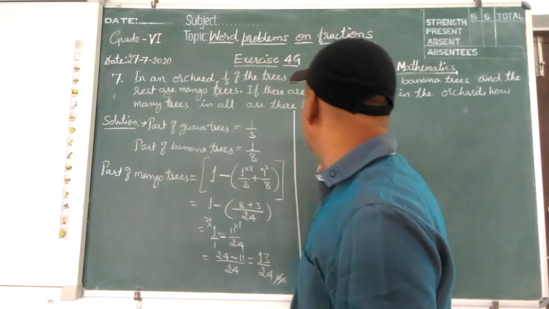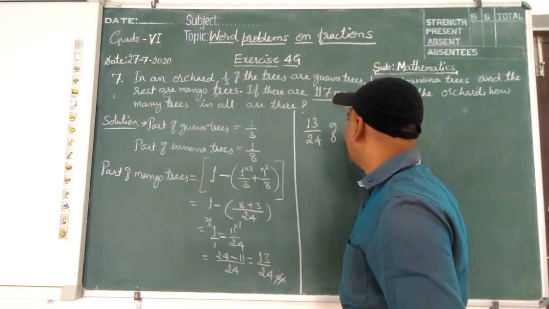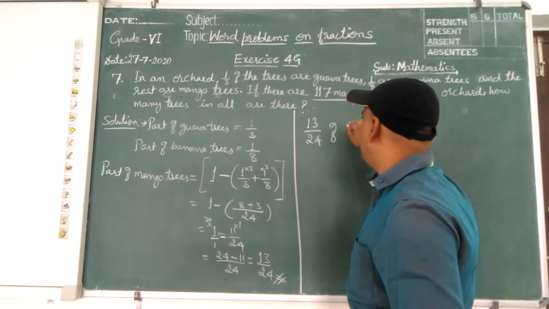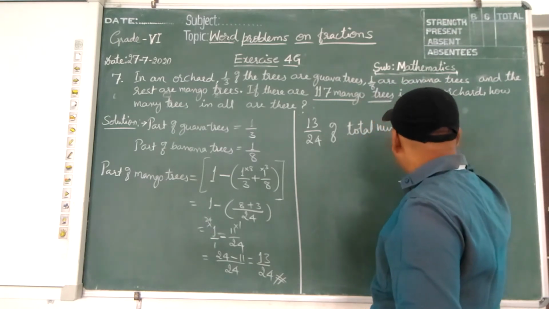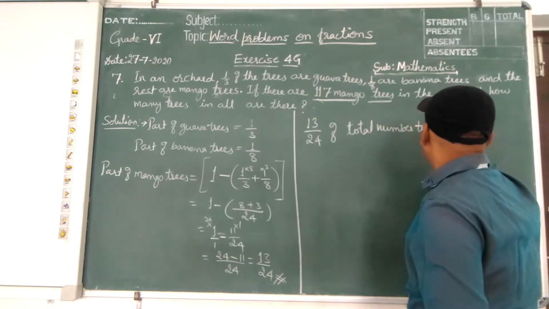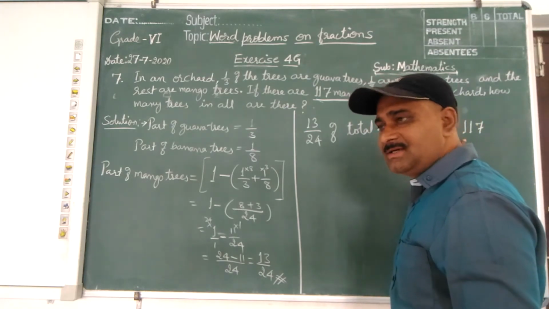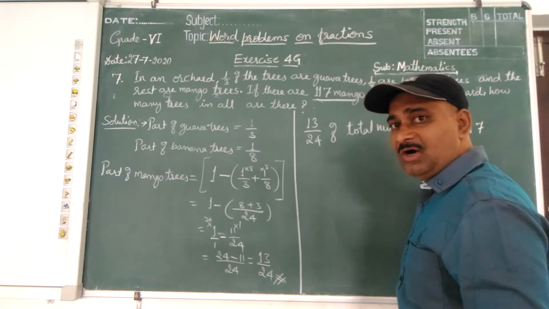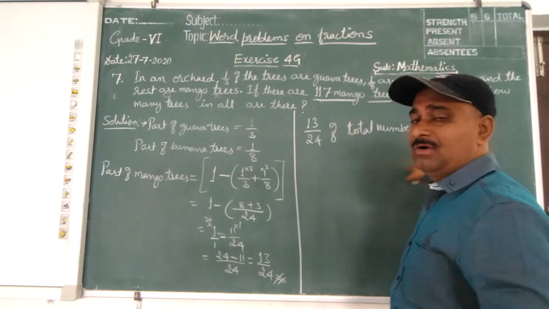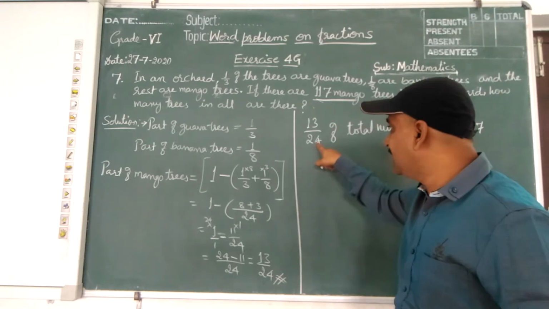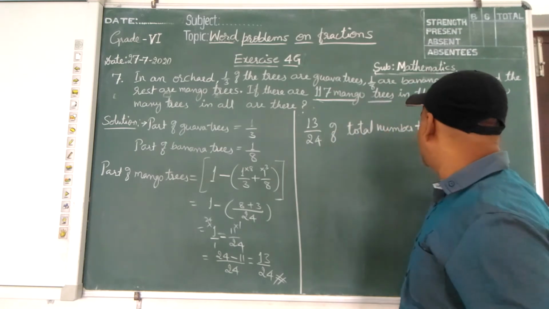Now we can write: 13 by 24 of the total number of trees is 117. This 117 are mango trees. This is 13 by 24 of the total land, 13 by 24 is the part of the mango trees. How many? 117. Both are equal now.